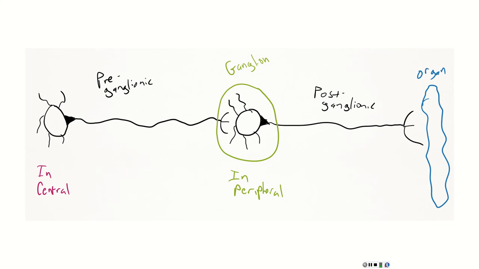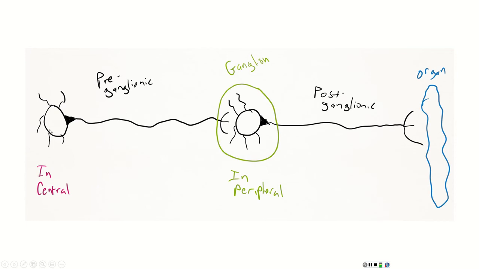But real quick, let's do a brief overview of ganglion and nerve, just to make sure everyone is still remembering exactly what these terms mean. When we're talking about the autonomic nervous system, we're going to be looking at different nerves, where they are in the body, and what they are releasing as far as neurotransmitters. There's going to be one neuron called the preganglionic neuron.